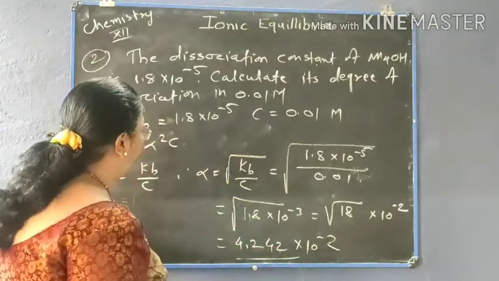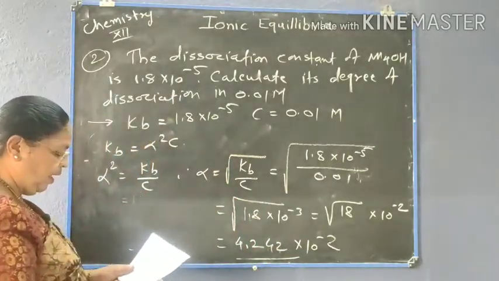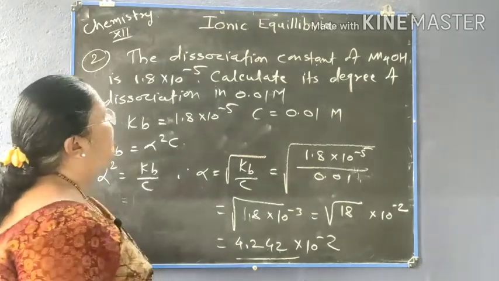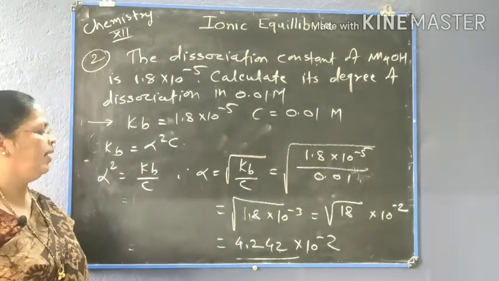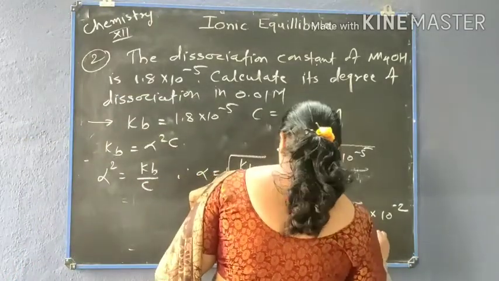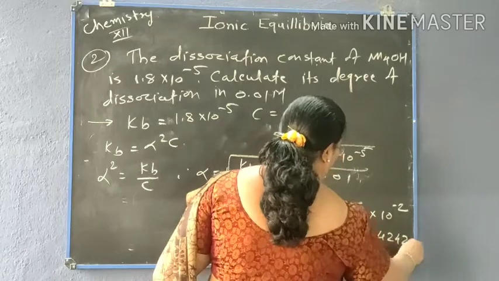This is the degree of dissociation for the weak base ammonium hydroxide. It can be written as 0.04242.